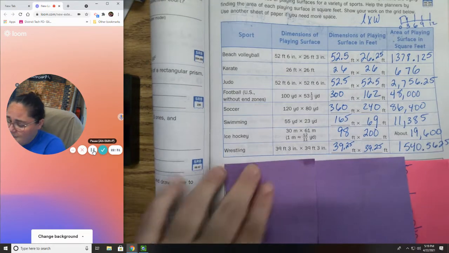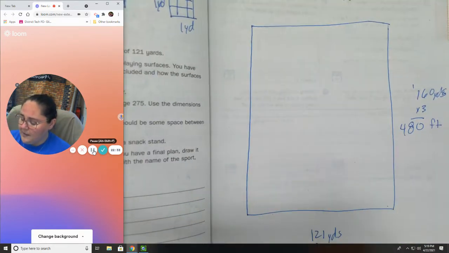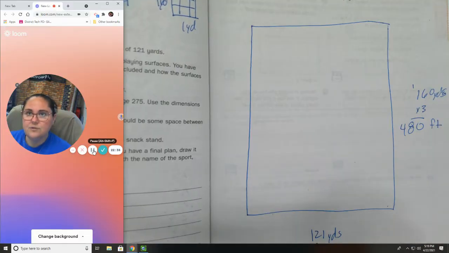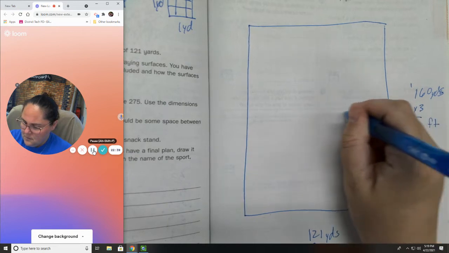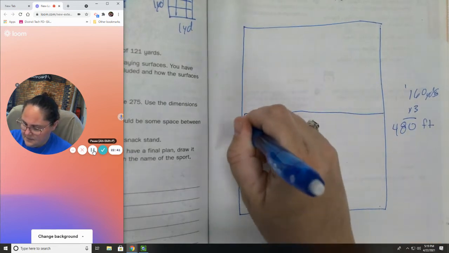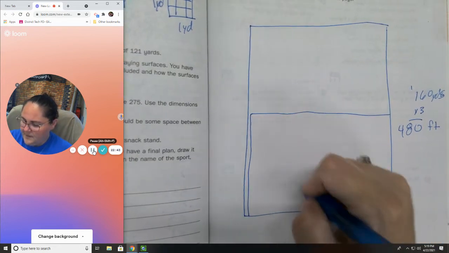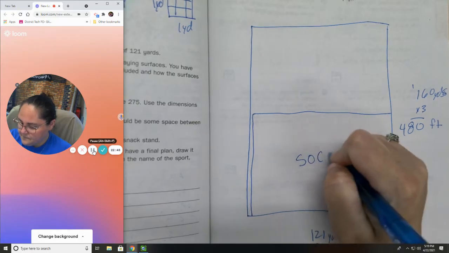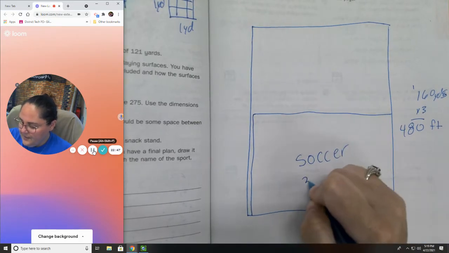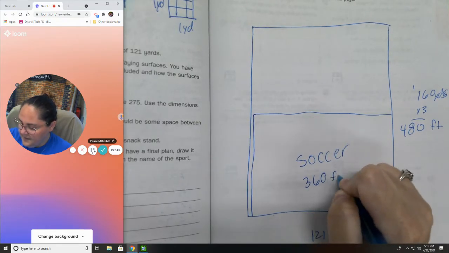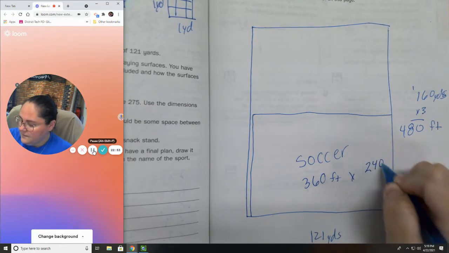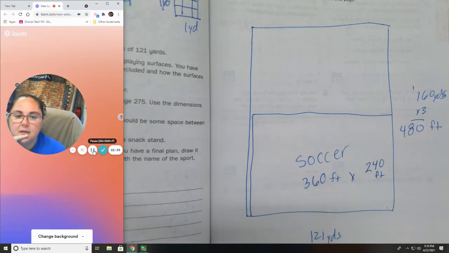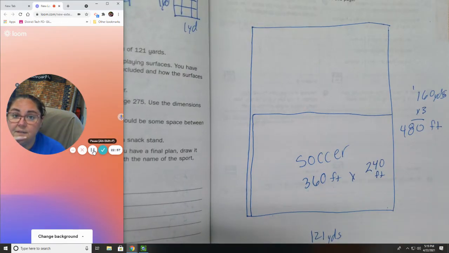I'm going to say, okay, it's 360 by about 240. Okay. Well, 240 is half of 480. So this will be soccer. 360 feet by 240 feet. That's a big field.